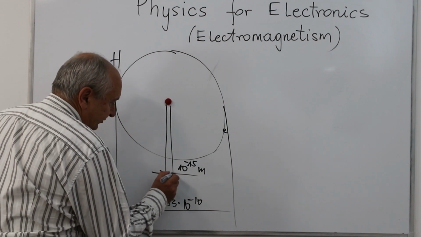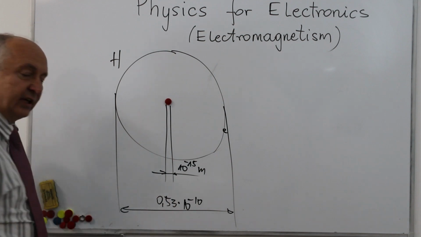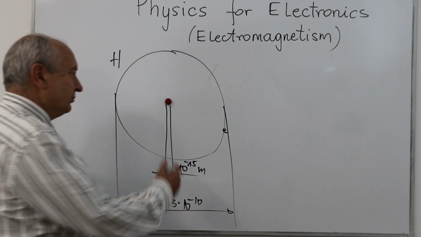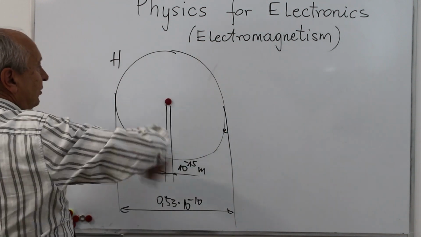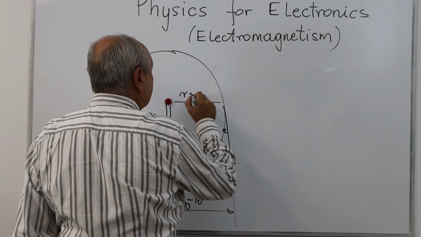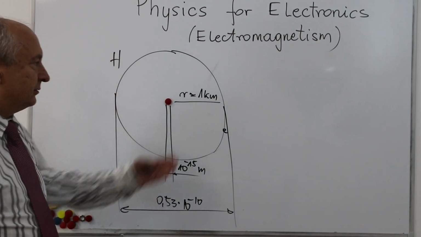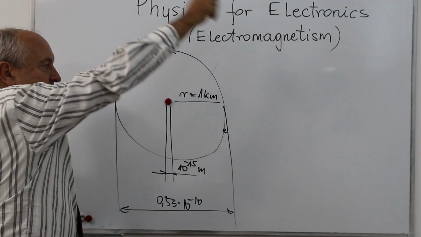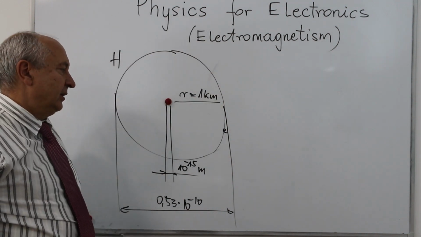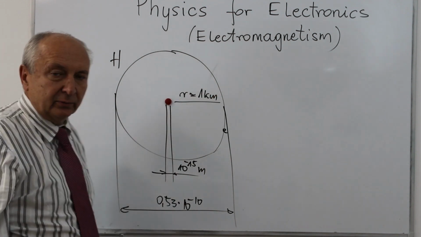Just from this picture and these values, you can see that it is not in scale. To have this picture in scale, I should make the orbit of the electron at a distance of 1 kilometer. So the electron is rotating around the nucleus at a radius of about 1 kilometer.